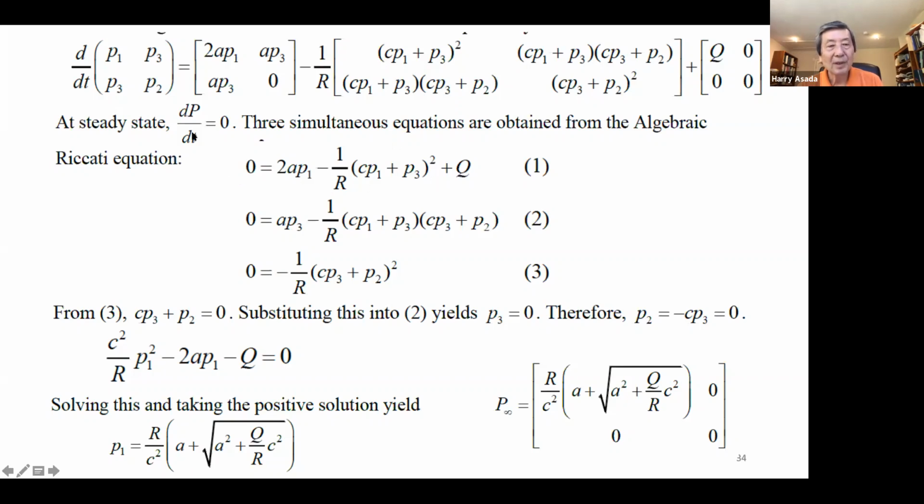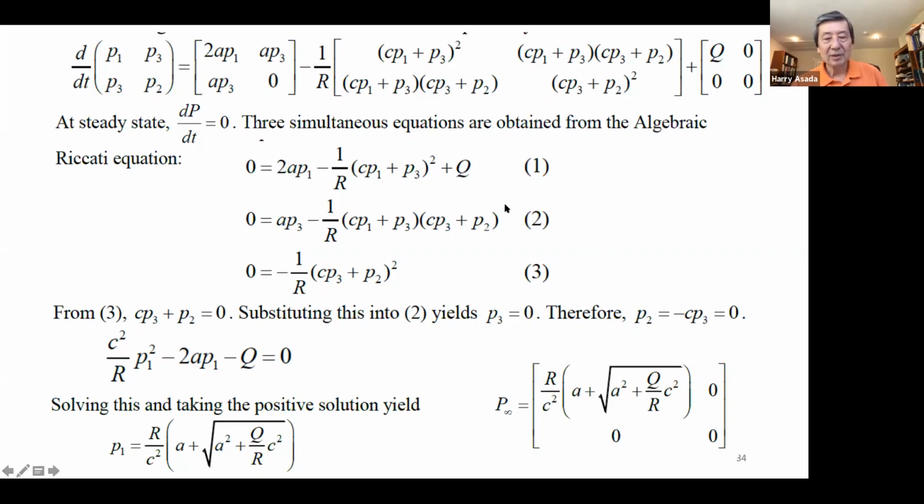And this P3 term, dP3/dt is also 0. 0 equals this plus this plus that, which gives this, and the 2 by 2 element here is also given by this. So you end up with 3 simultaneous algebraic equations with the 3 unknowns, P1, 2, 3.